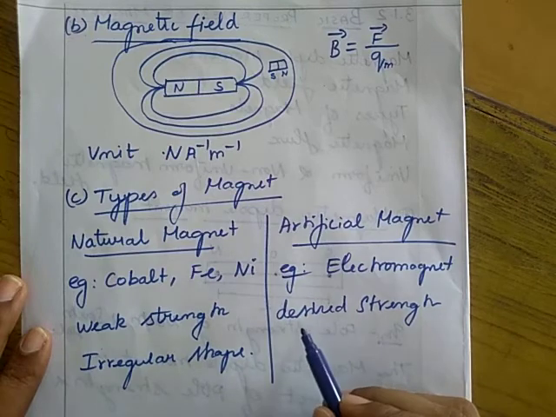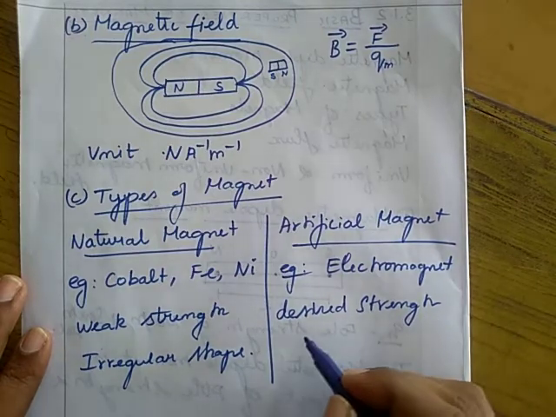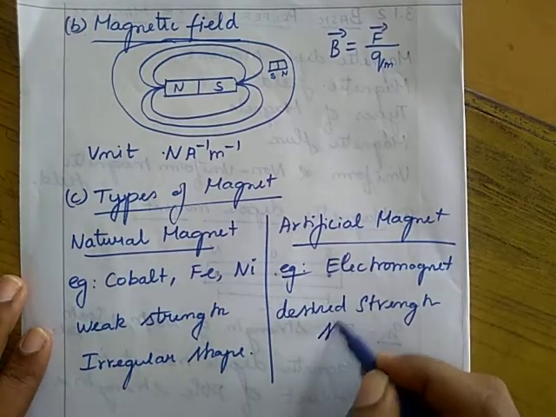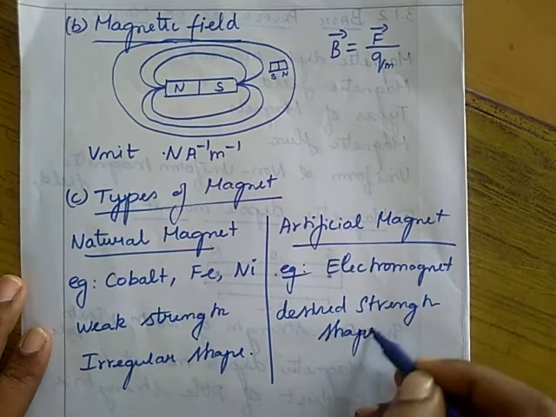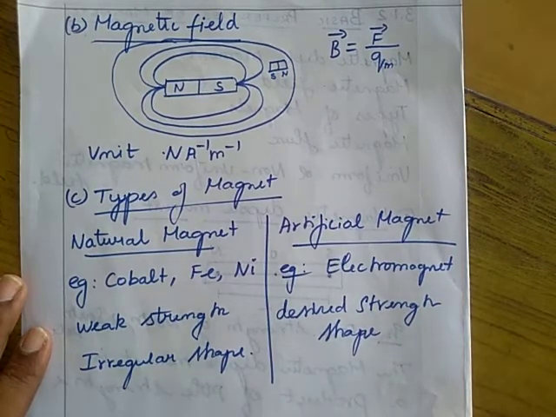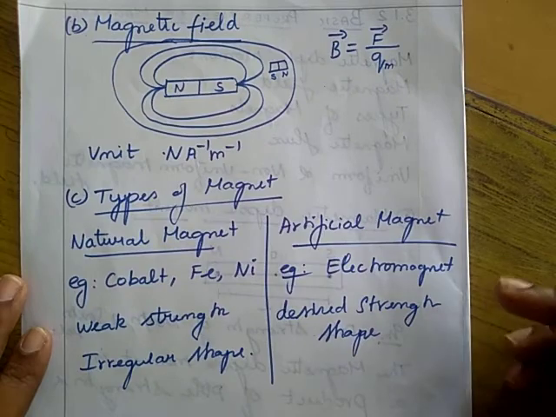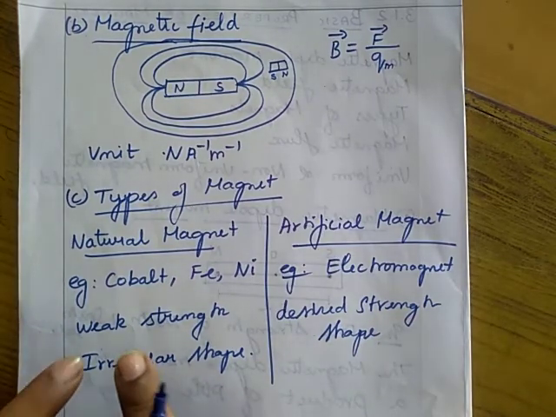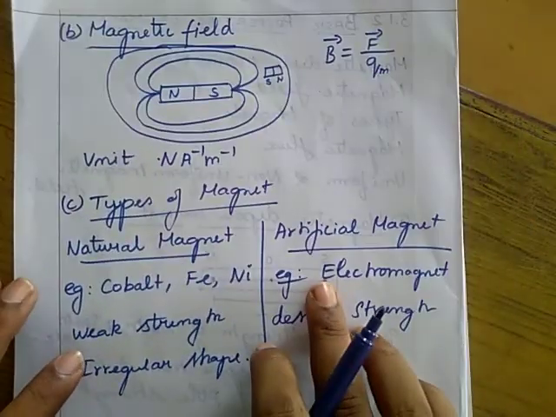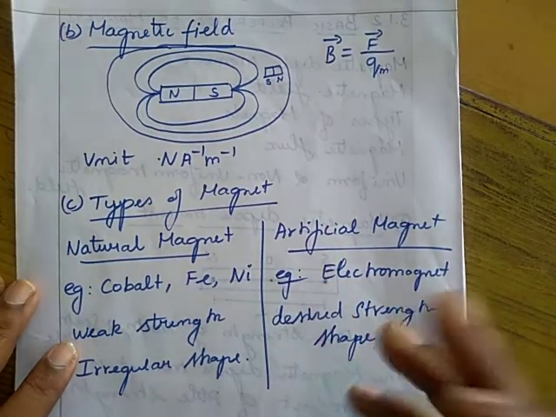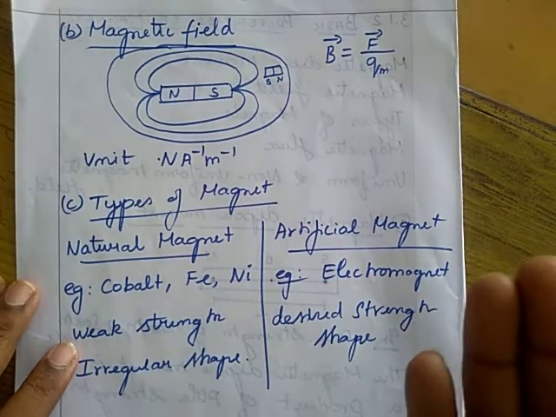So it attains desired strength and desired shape. If you need a bar magnet, or if you need a magnet in cylindrical shape also, it is based on your convenience.